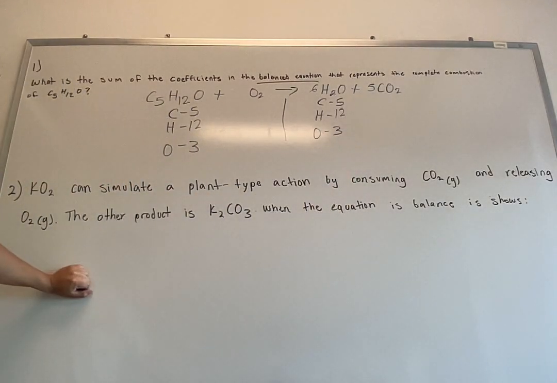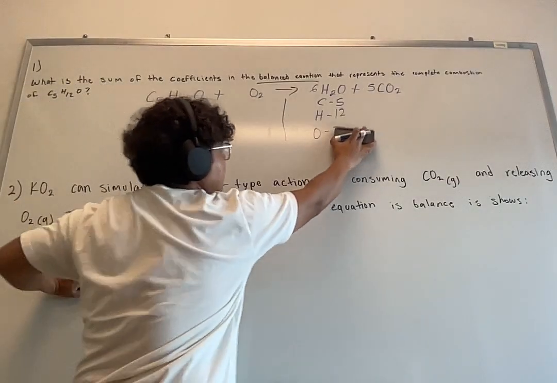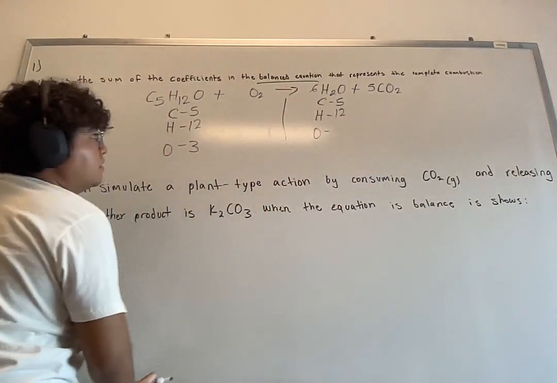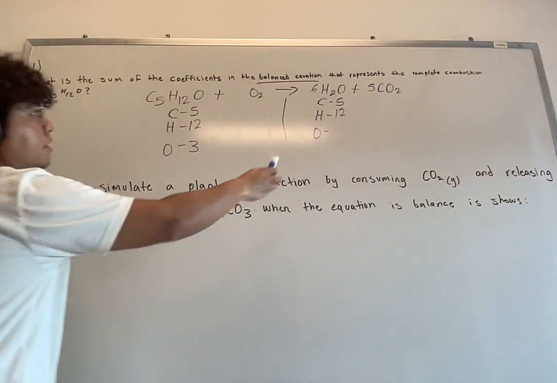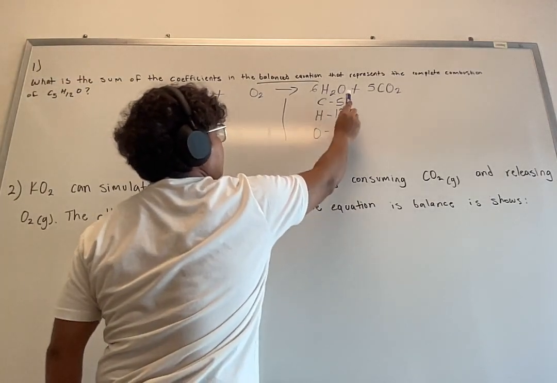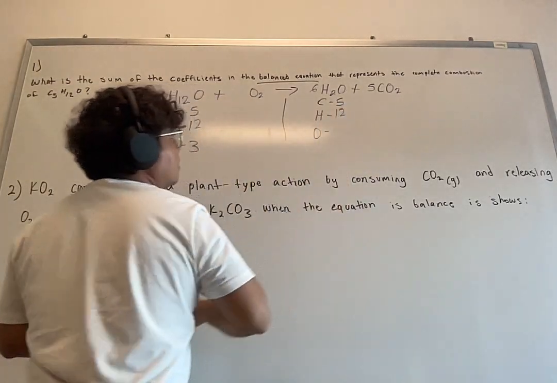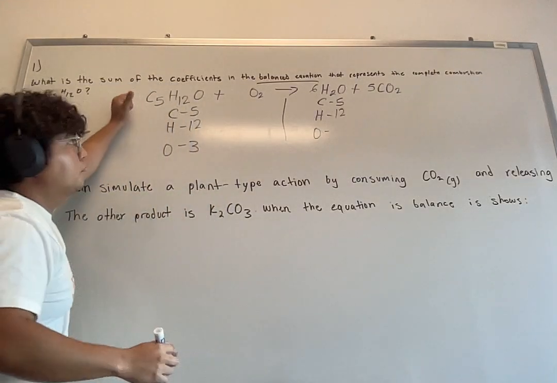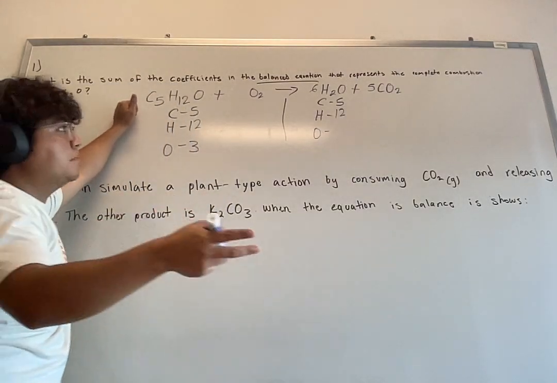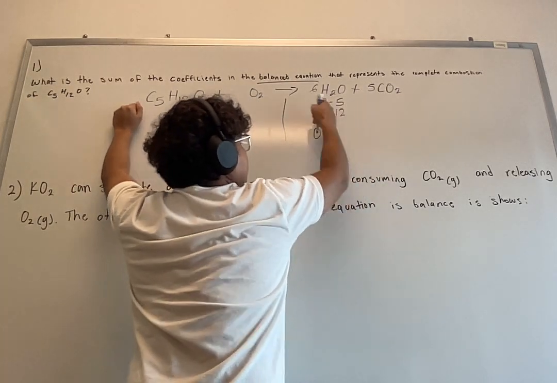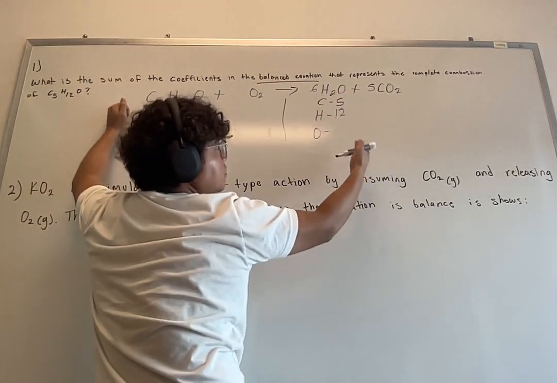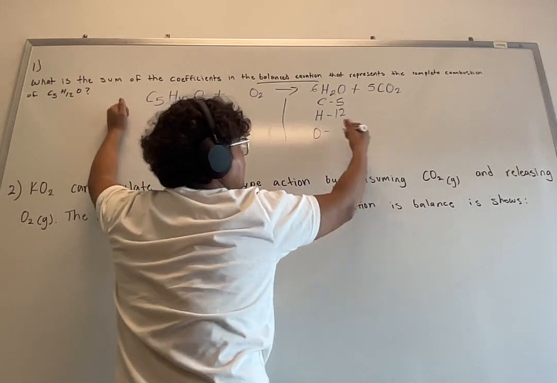And now I actually have to count my oxygens again, because by moving the coefficients from 1 to 5 and 1 to 6 right here, I also affected the number of oxygens. So if you remember, I mentioned you multiply coefficients by the subscripts. 5 times 2 is 10, and then 6 times 1, there's no subscript, it's always 1. 6 times 1 is 6.